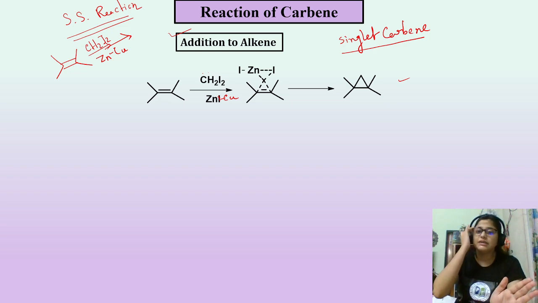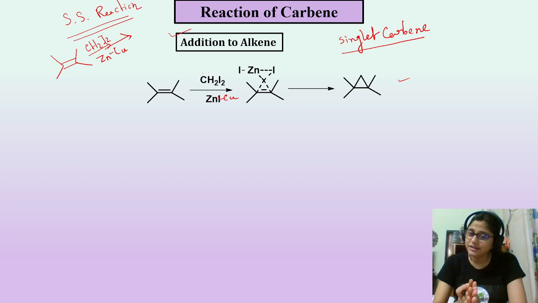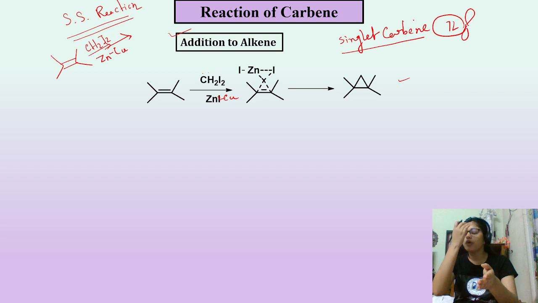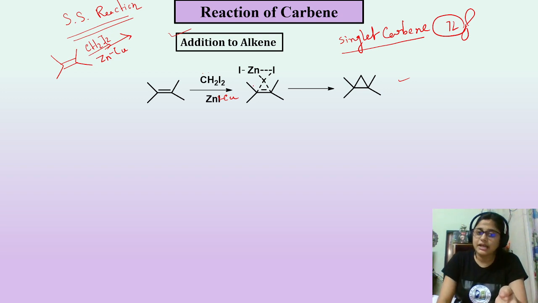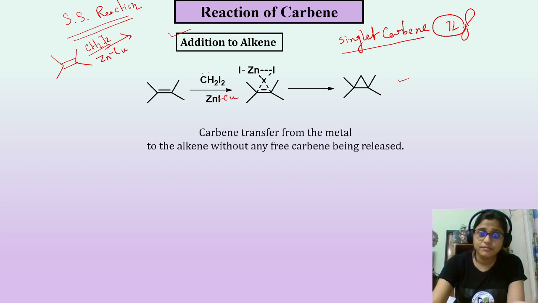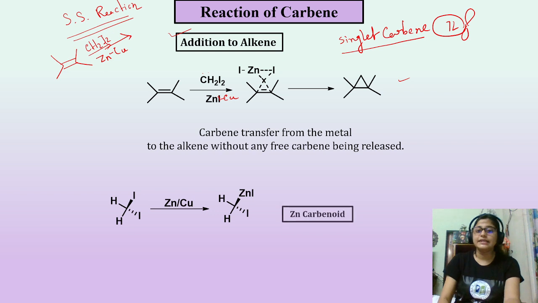Because it has a vacant orbital. For singlet carbene, we know one lone pair is present in the sp2 orbital and one p orbital is vacant, so metal can back donate. So here singlet carbene is formed, and it is not directly attacking, it attacks through the zinc. Yes, zinc carbenoid.